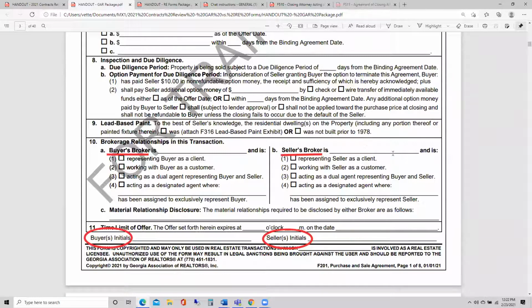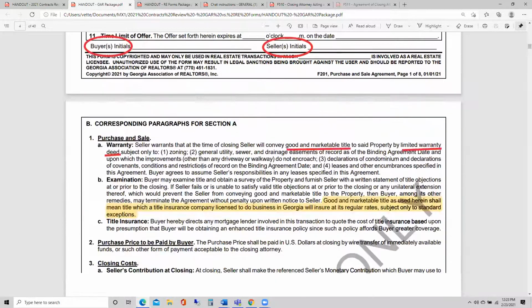Seller's broker is XYZ Realty and is representing seller as client, customer, and so on. Guess why that's in there, you guys? That's license law in Georgia. It is a license violation if you do not disclose the brokerage relationship and which party you are representing as a client. That's why that's in there. It's to keep you and your broker out of trouble with the Commission for violating license law.